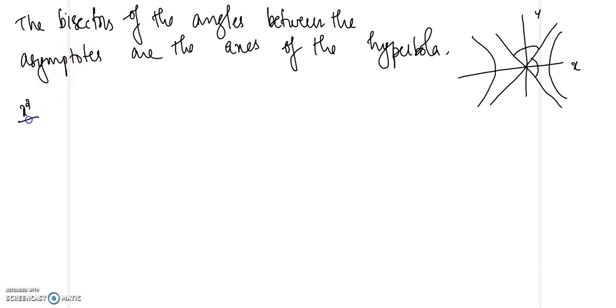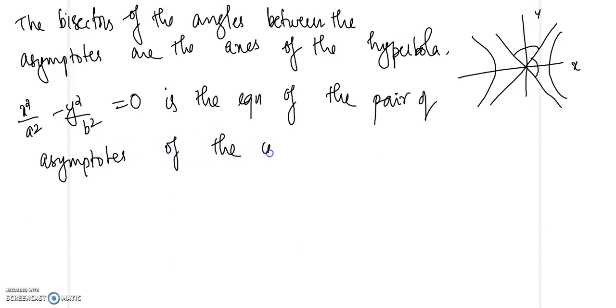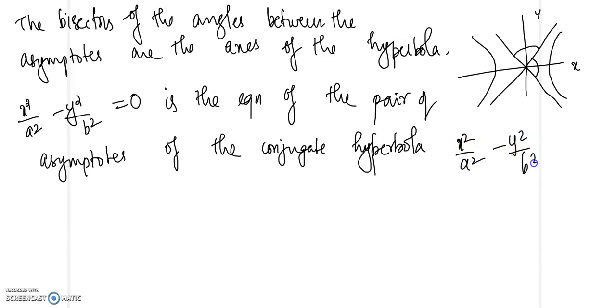So x square by a square minus y square by b square equal to 0 is the equation of the pair of asymptotes of the conjugate hyperbola.